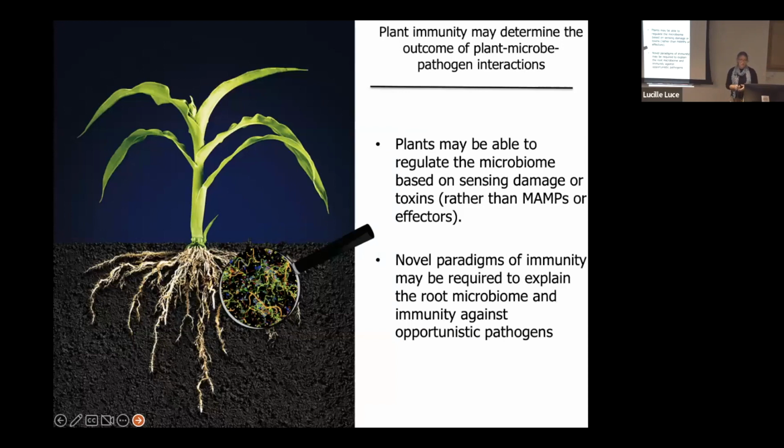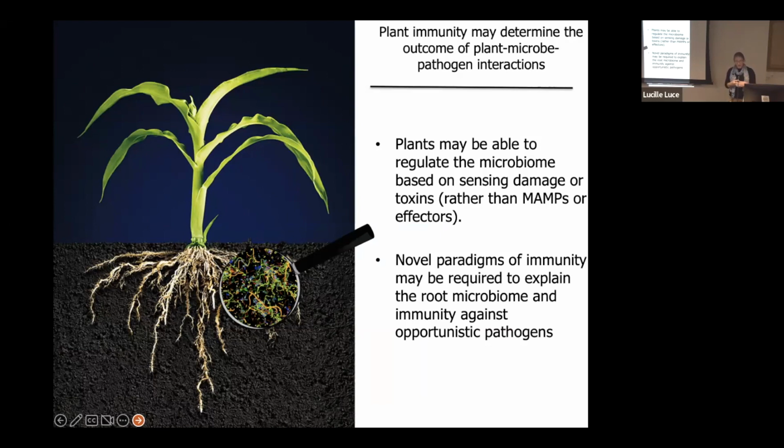And so we are starting to think that plants can regulate the microbiome by sensing damage or toxins rather than MAMPs. I think this has some overlaps with the paradigms of immunity that I learned in my plant pathology class many years ago, and certainly damage and damage responses have some overlap with PTI.